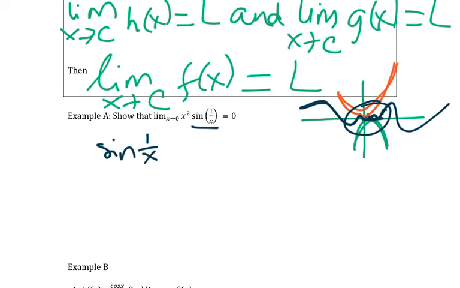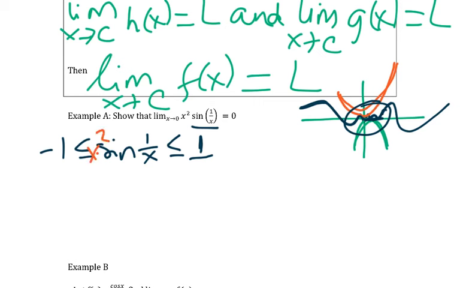Now, for the sine, if we graph that, the highest values that sine would get to, think about the range, are 1 and negative 1. So that's the range of the trig function. The additional factor that we have here is x squared.